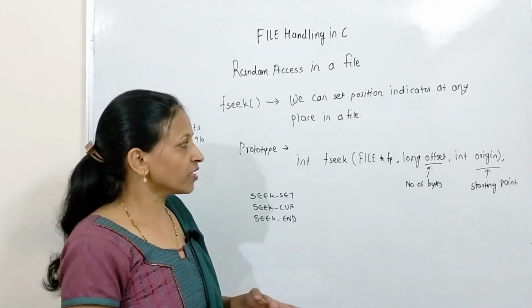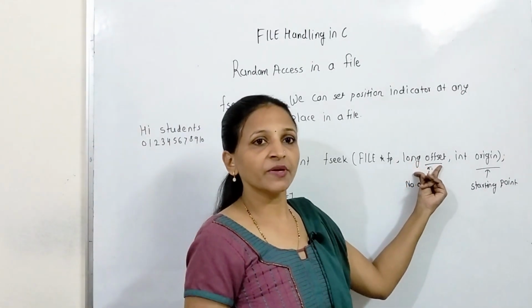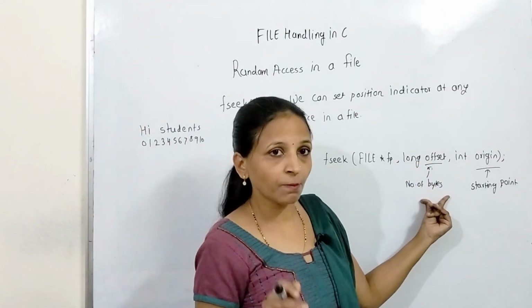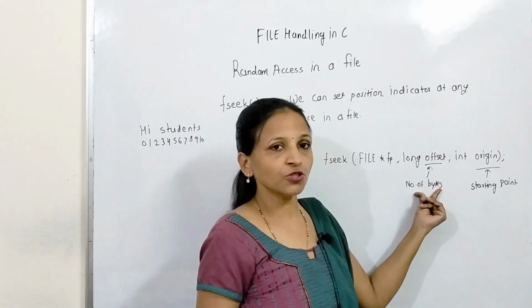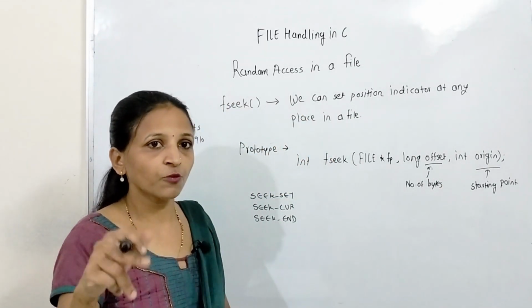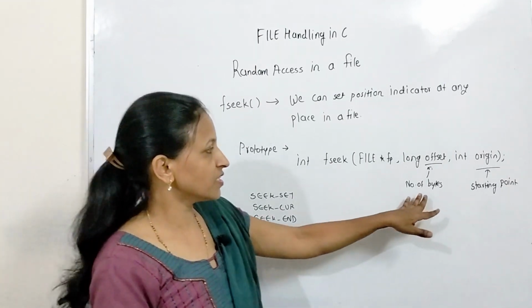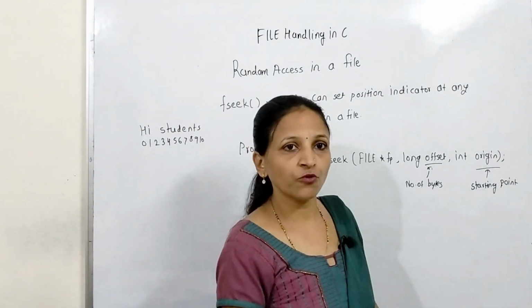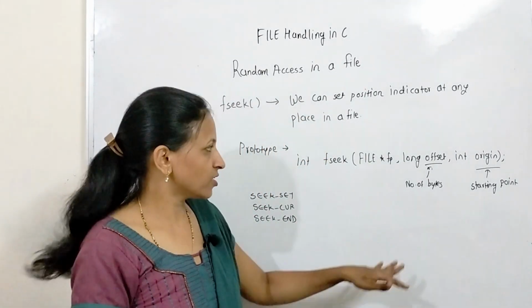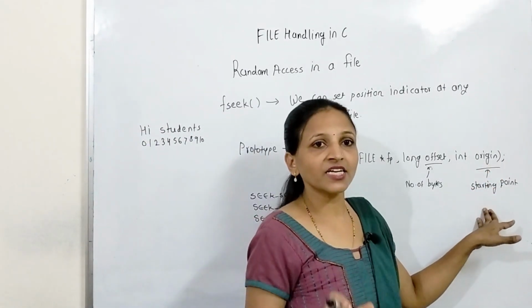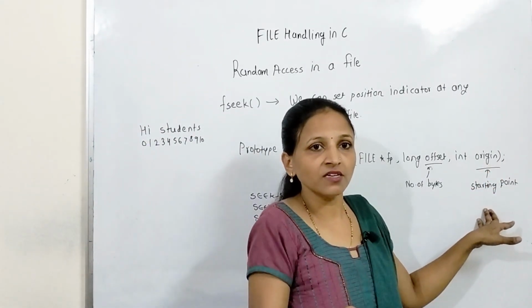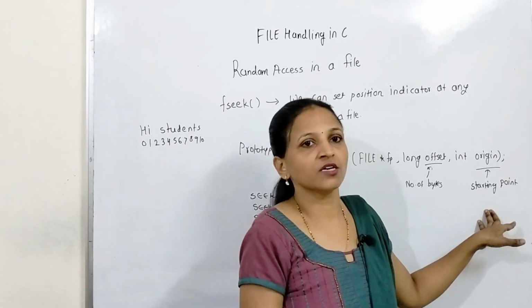The direction is represented by the offset, the number of bytes. If it is positive, you are moving the file pointer forward. If it is negative, you are moving it backward. And the origin means the starting point: from the beginning, from the end, or from the current position.